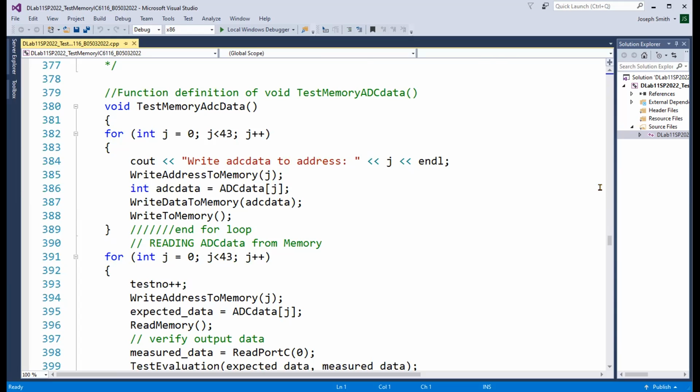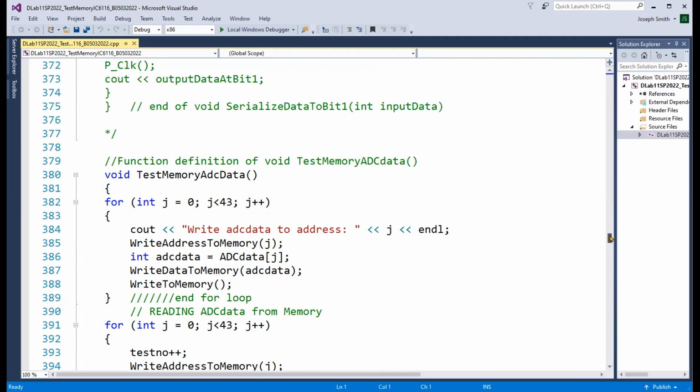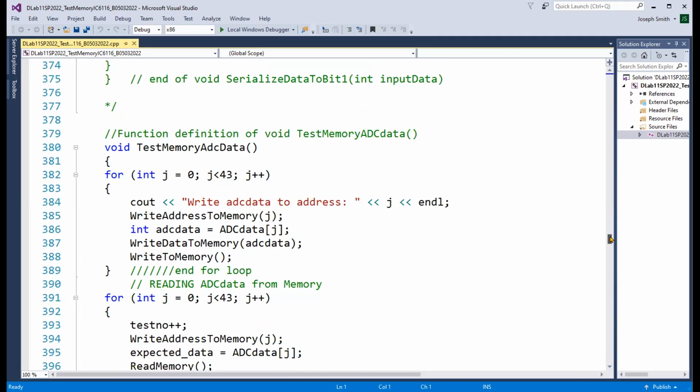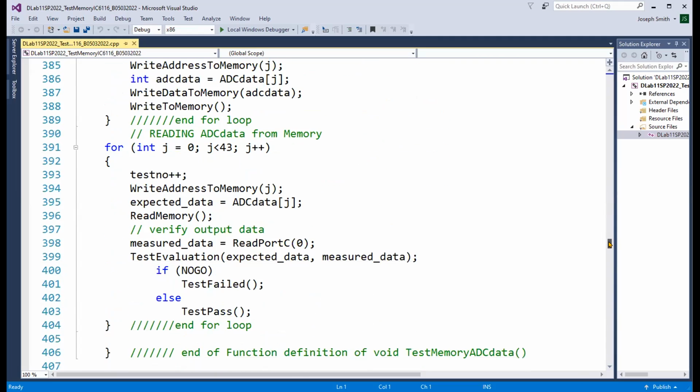I copy pasted like you said, and it looks okay to me. Go a little up. Up or down? Up. Okay, no, down, sorry. Okay, write address to memory, expected data equal ADC data, read memory.